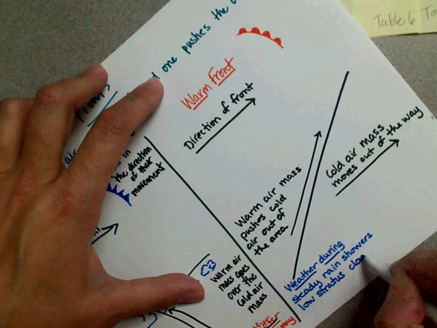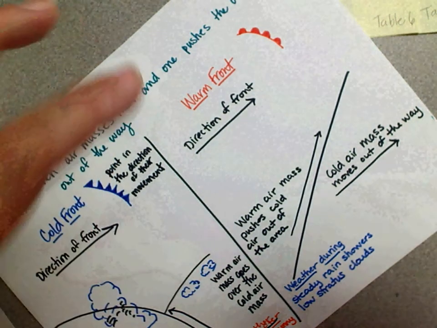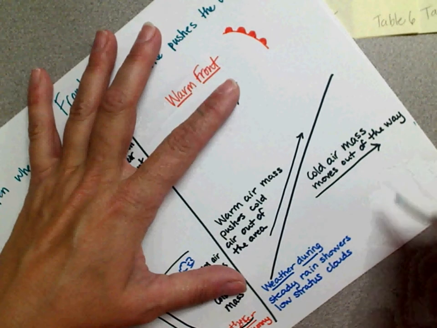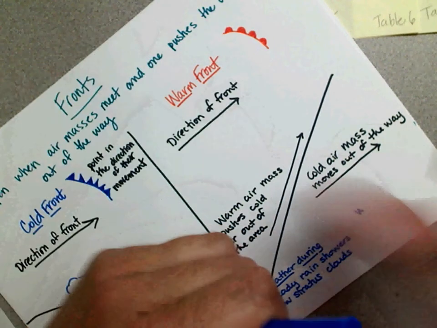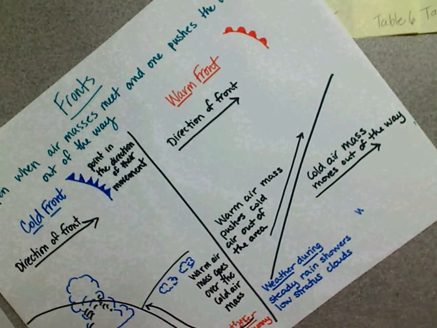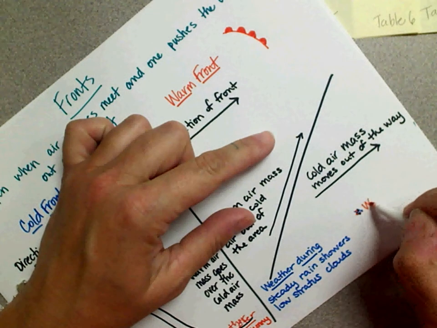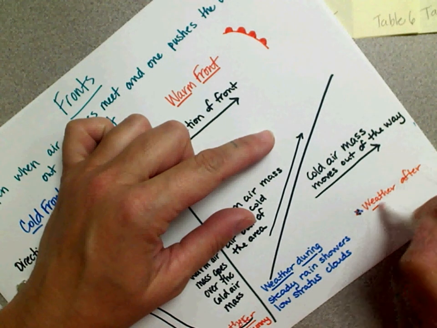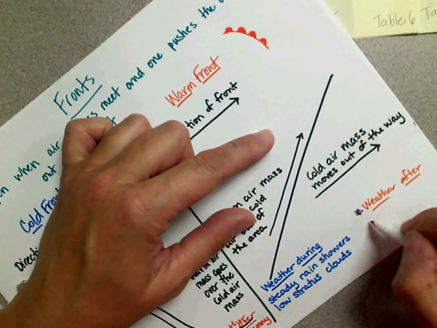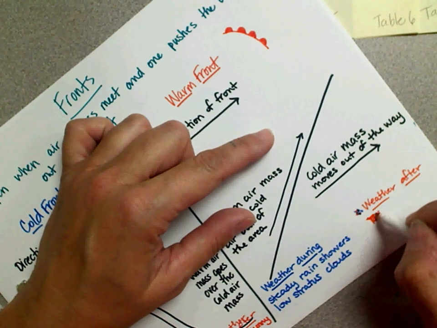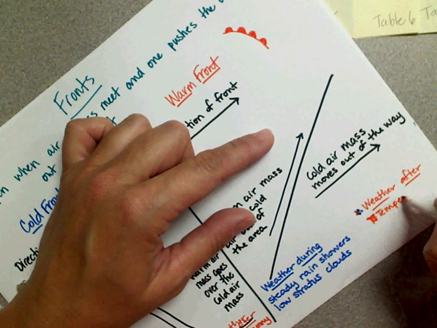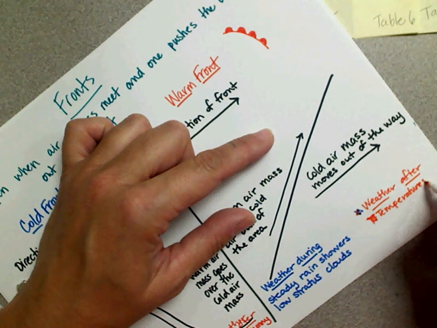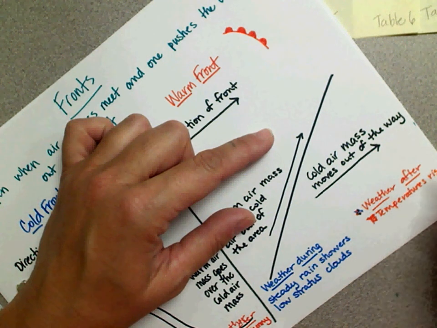Remember those stratus clouds that just kind of hover? Right. So then the, oops, wrong color. So the weather after, the temperatures rise. And we have moist air.